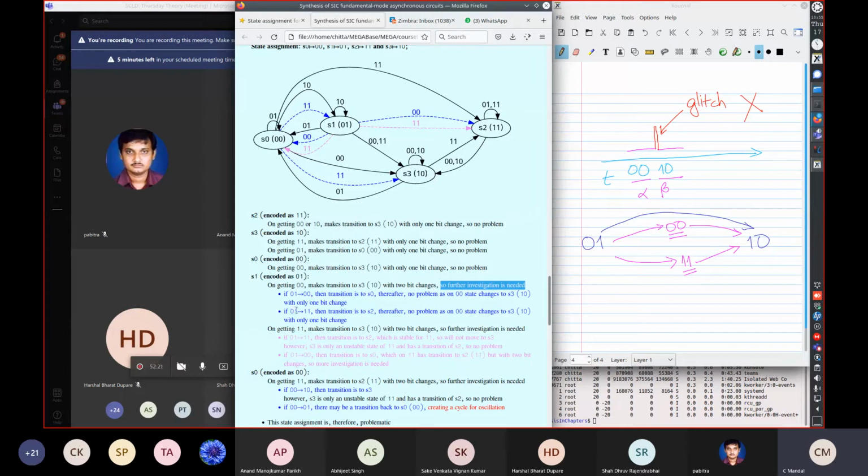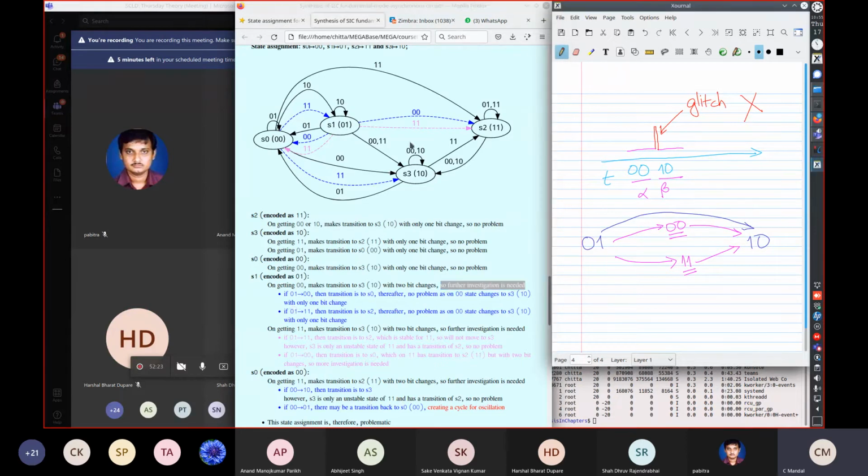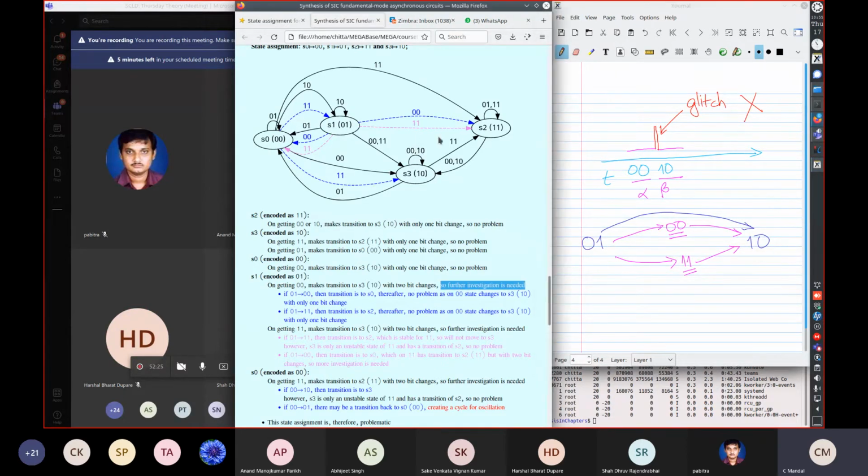Now let us see what happens in the other case. As you said, it can also change to 1, 1. So on input 0, 0, it can come here, but here also on 0, 0, the transition is back to S3.